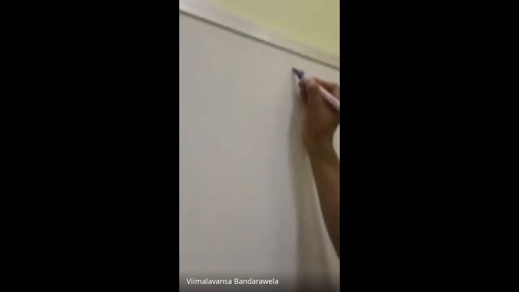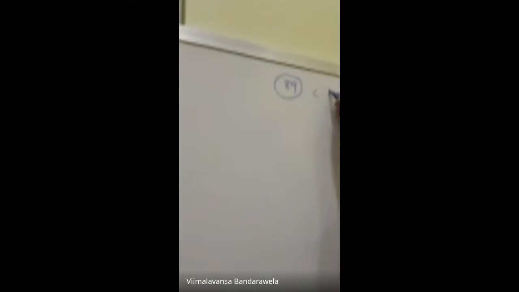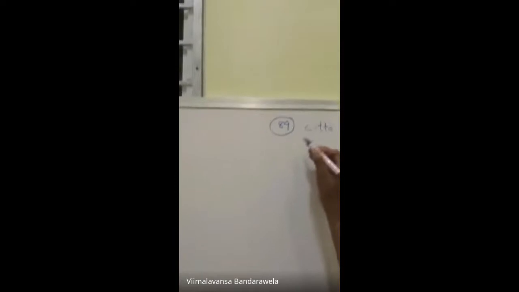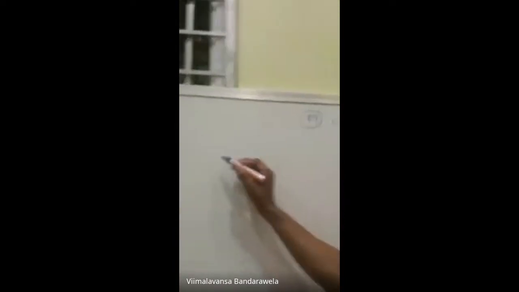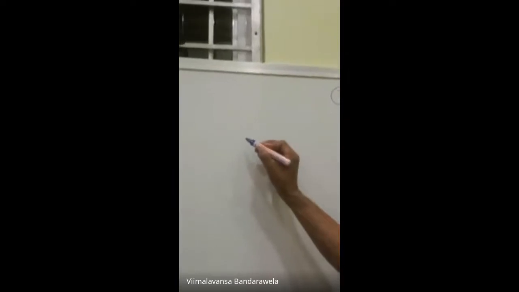You know now there are 89 consciousness, 89 citta. Citta means consciousness. Can you see? Okay, out of 89, this is the way to classify it.